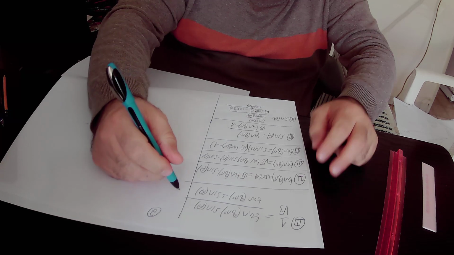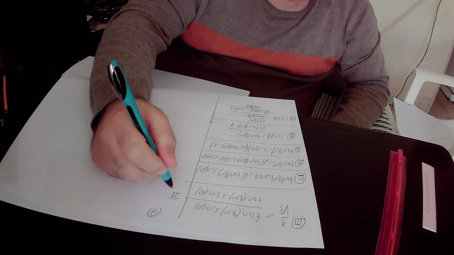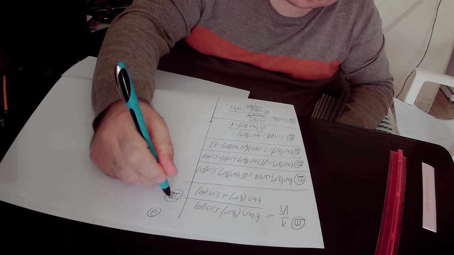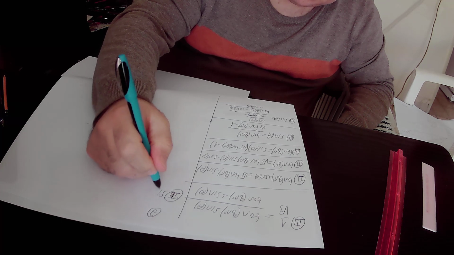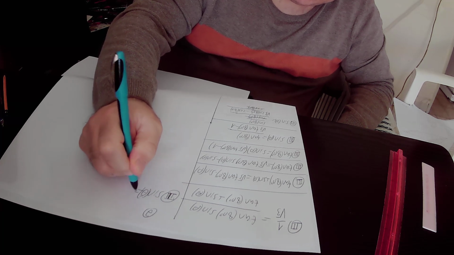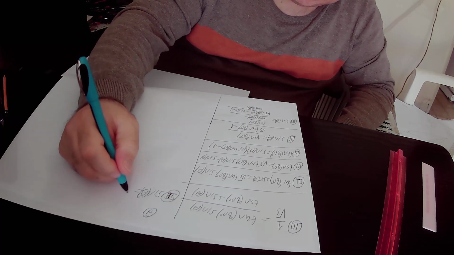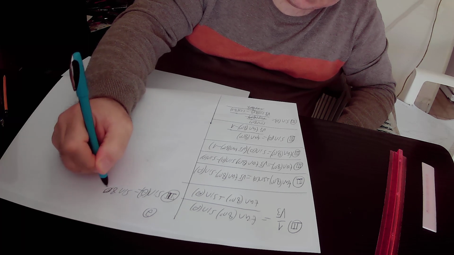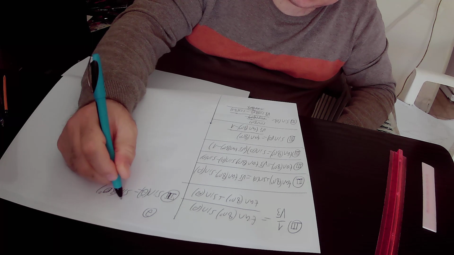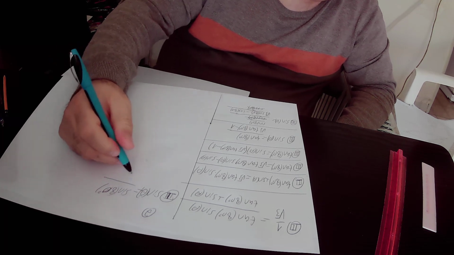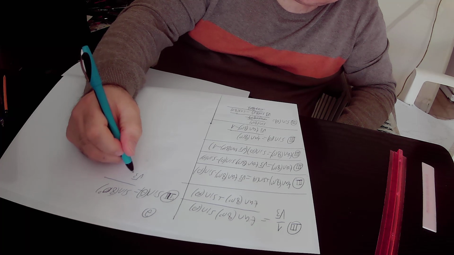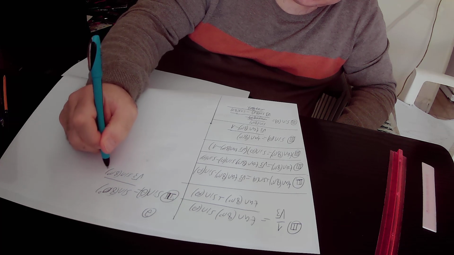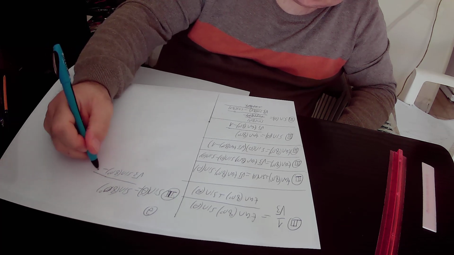On this side of the equation, we are left with sinus theta, that equals sinus 80 degrees over square root of 3 times sinus 80 degrees minus cosine 80 degrees.